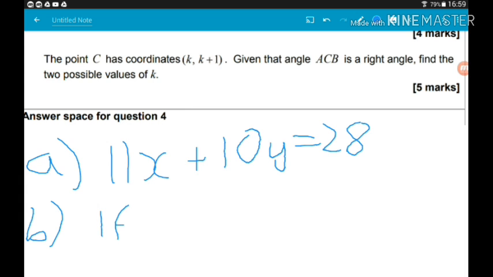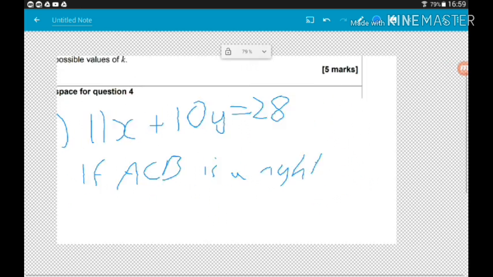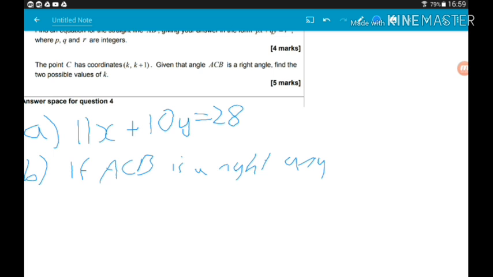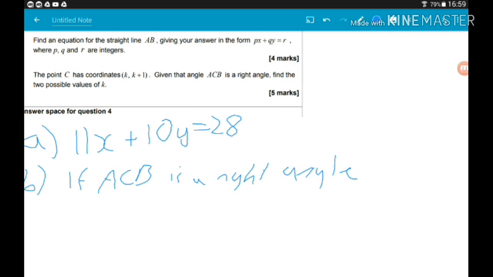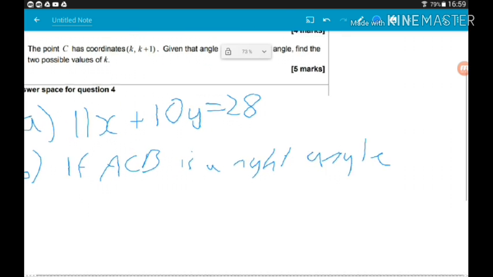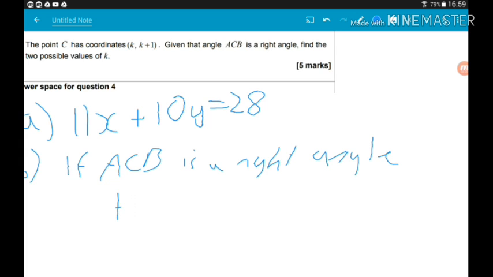If ACB is a right angle, what does that tell us about AC and BC? It tells us they are perpendicular.